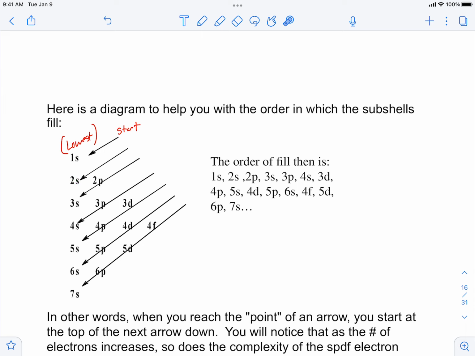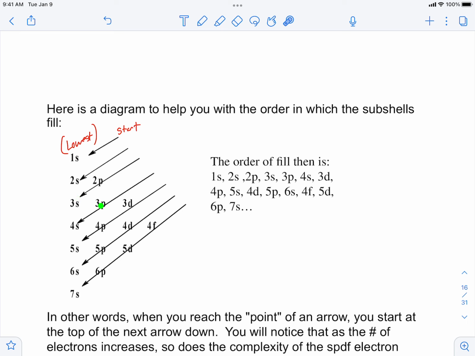And then that arrow is done, so then we start a third arrow, and that third arrow takes us to 2p. And if 2p is full and we still have to count more electrons, then we progress on to 3s, and that arrow ends. And then if we have more electrons, we start the next arrow.